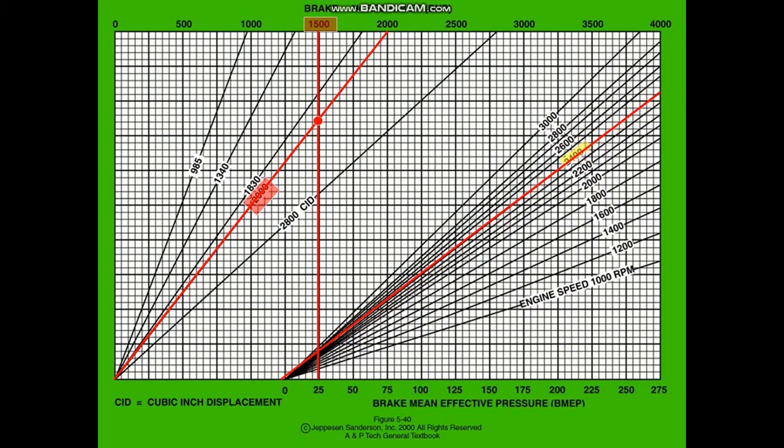Now you have to make a horizontal line until you intersect between the point of the CID and the brake horsepower with the engine speed. This is the point. Now you will go downwards to find the mean effective pressure, and this is the value of the mean effective pressure.